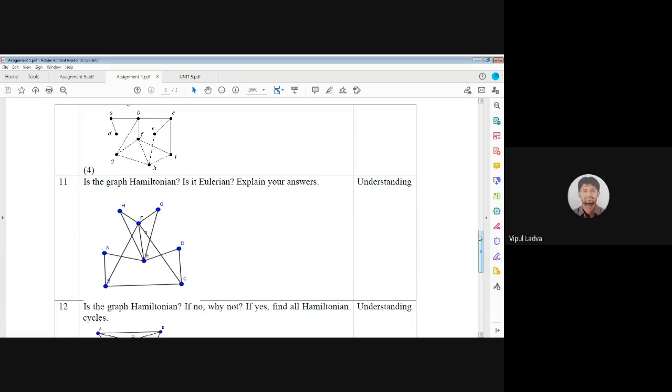Now, I had uploaded Unit 5 as well as Assignment 5. I had shared that with your WhatsApp also, and I'm sharing the same in the e-content also. If anyone needs help remembering what a Hamiltonian graph was, it is already there.